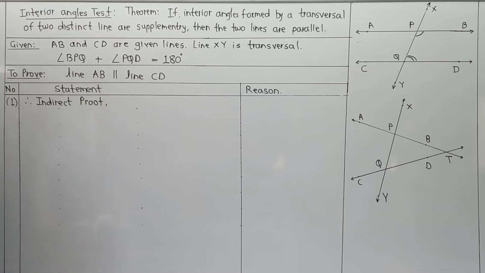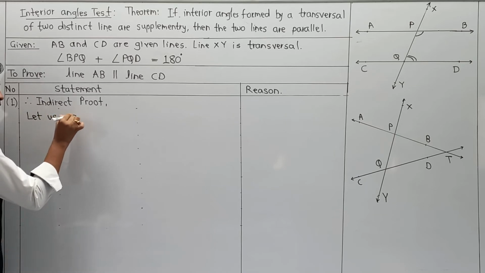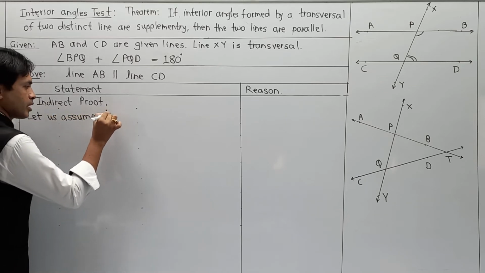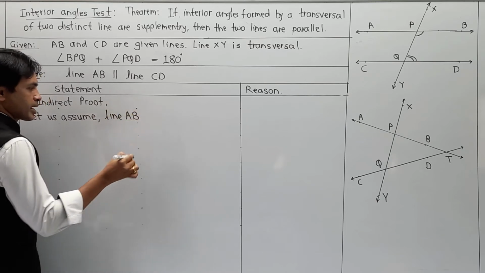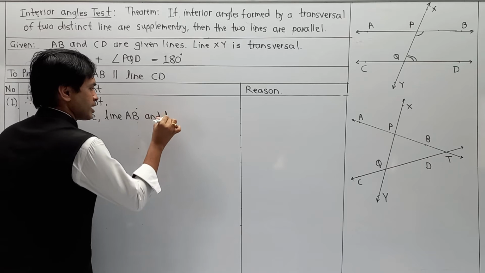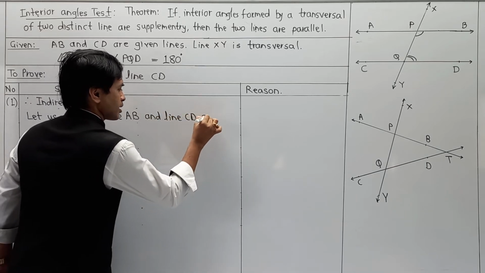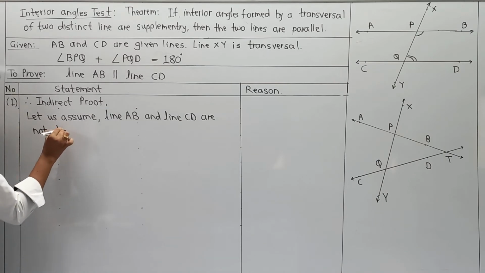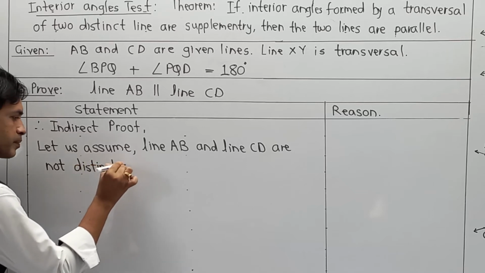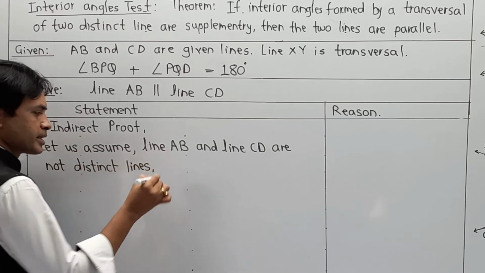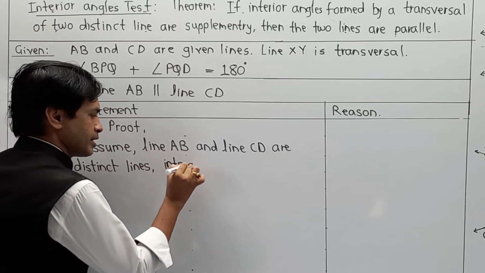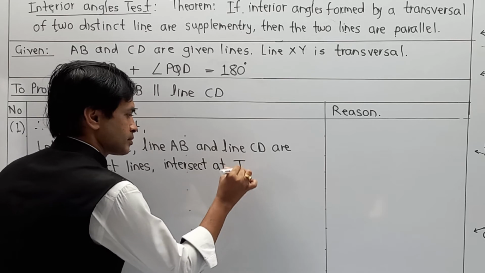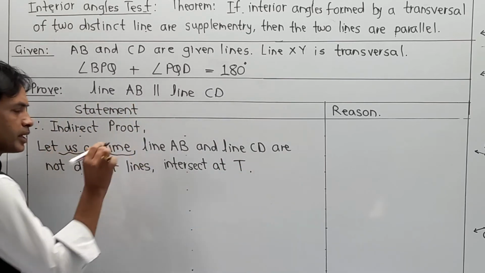Now in this case, first of all we are going to say: let us assume line AB and line CD are not distinct lines, means you can say intersecting lines, intersect at T. Remember that we have used the words let us assume.